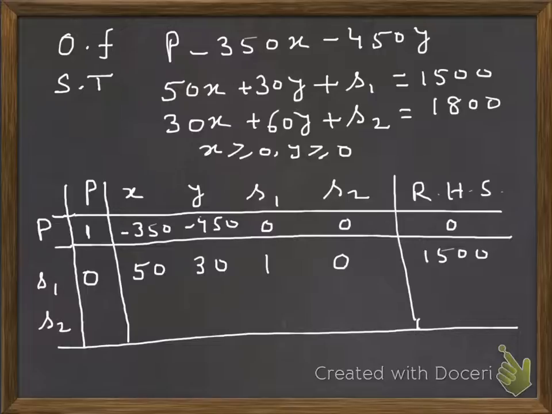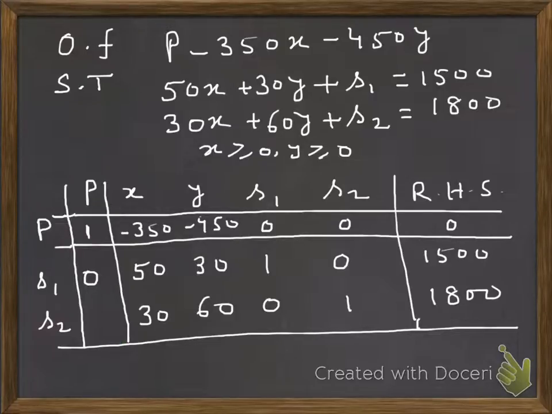Coefficient of X in S2 line is 30. Here coefficient of Y is 60. Coefficient of S1 in S2 line is 0. Coefficient of S2 in S2 line is 1. Right hand side value is 1800. And we forgot to put the value here.